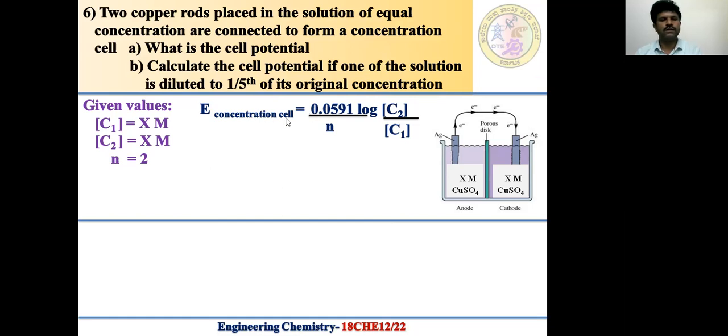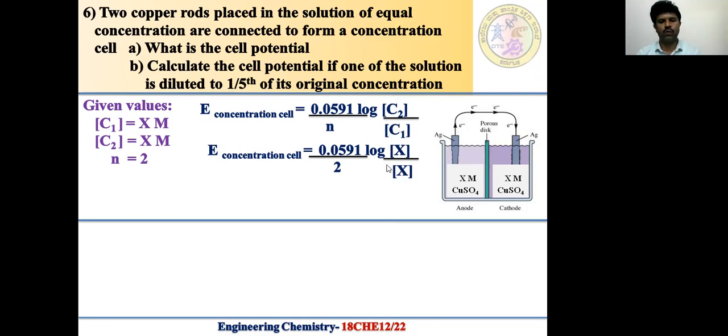Hence, E concentration cell is equal to 0.0591 divided by n log of C2 divided by C1. That is equal to 0.0591 by 2, where the value of n is 2, the value of C2 is x, and C1 is also x.